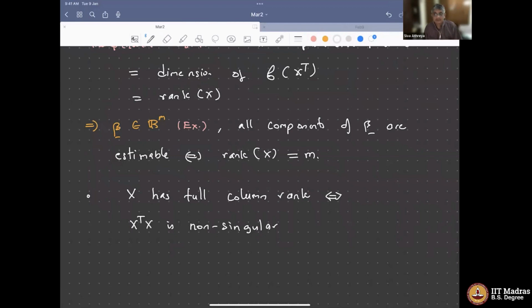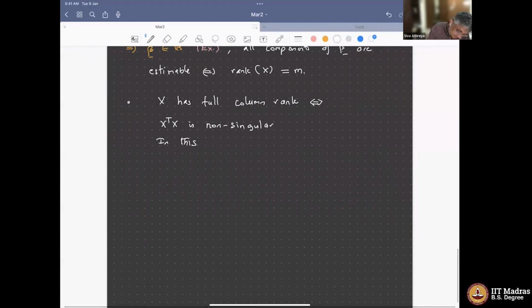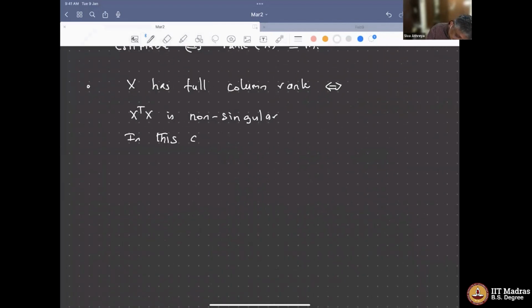That's just a fact in algebra. But that would imply what? In this case, if X transpose X is non-singular, the normal equations, we've seen this before, have a unique solution, right?